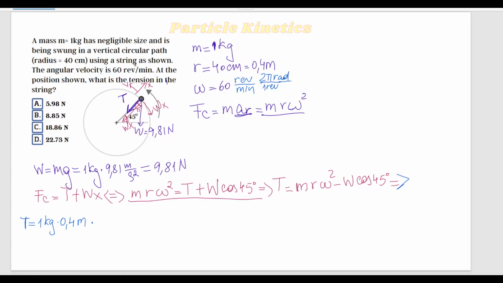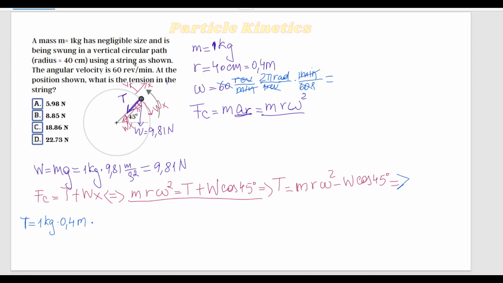And be careful to have your calculators set for radians when you do this calculation. Okay, and then 1 minute is equal to 60 seconds. So now we're going to get rid of minute with minute, and revolution with revolution is going to go away. And look at that, 60 and 60 go away.